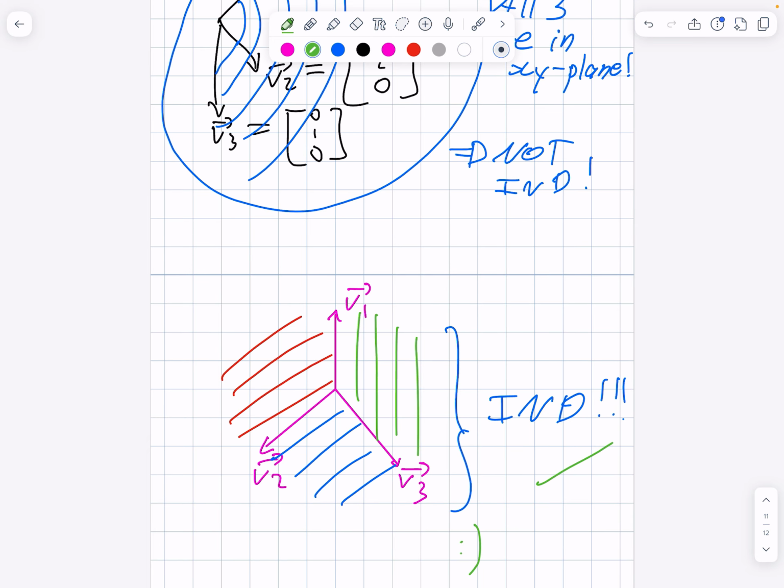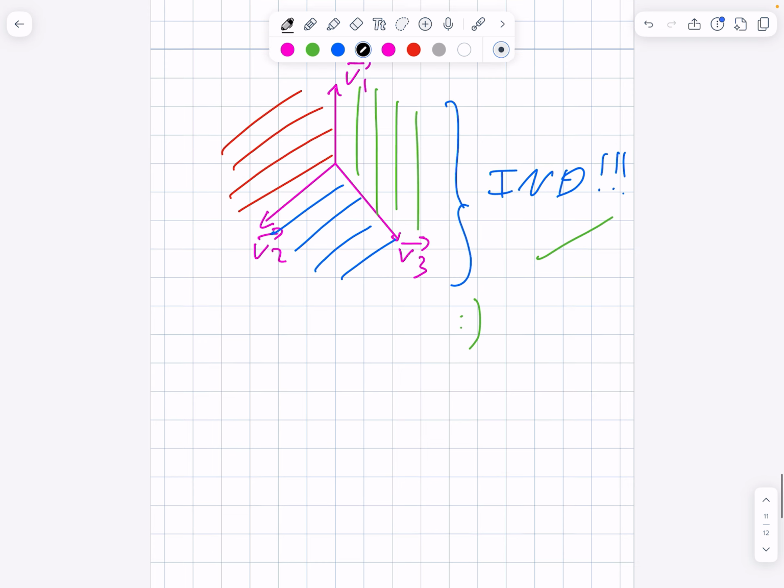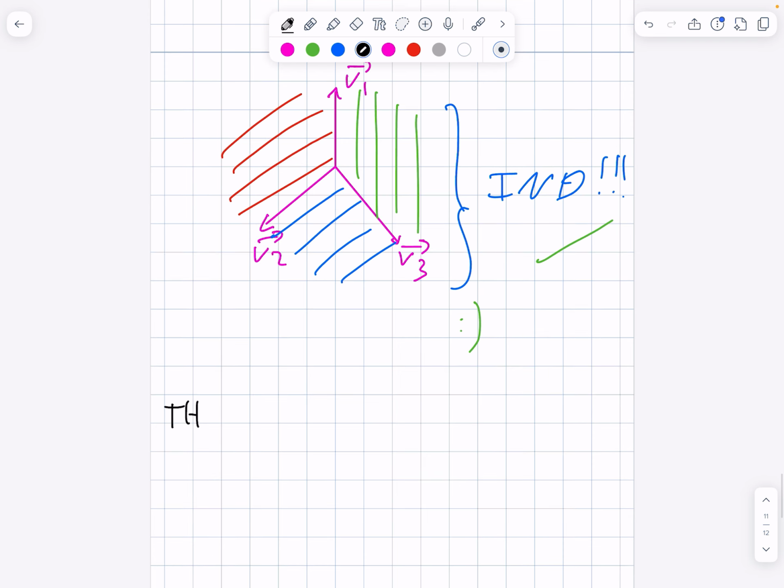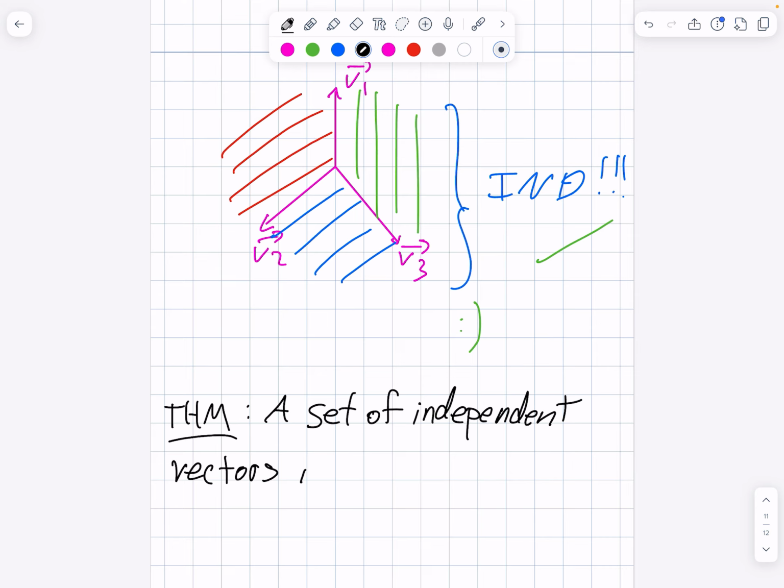All right, okay, so let's top this off with a little theorem here. A set of independent vectors in Rn has at most n vectors. Okay.